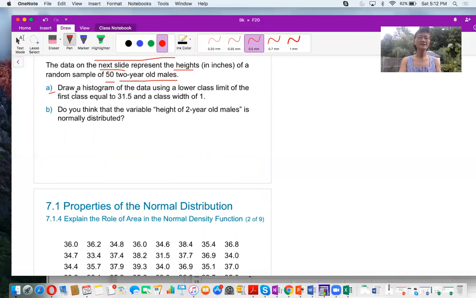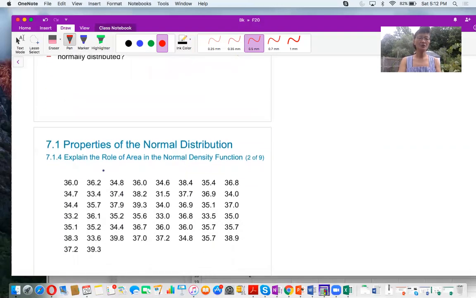Question A. Draw a histogram of the data using a lower class limit of the first class equal to 31.5 and class width equal to 1. Question B. Do you think the variable height of 52-year-old males is normally distributed?